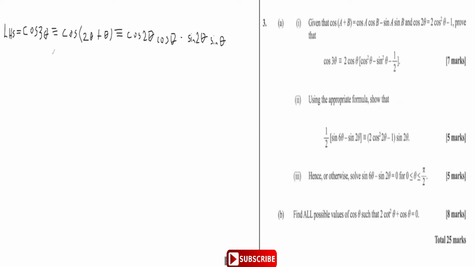So this cos 2 theta, we can rewrite as 2 cos square theta minus 1. So what we're going to get is 2 cos square theta minus 1, multiplied by cos theta.